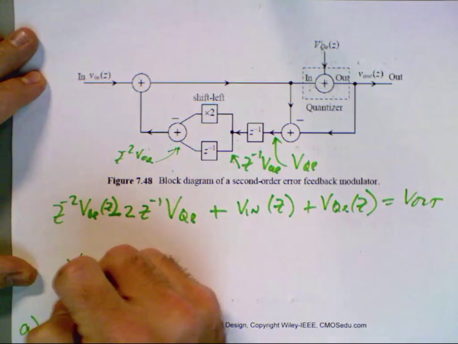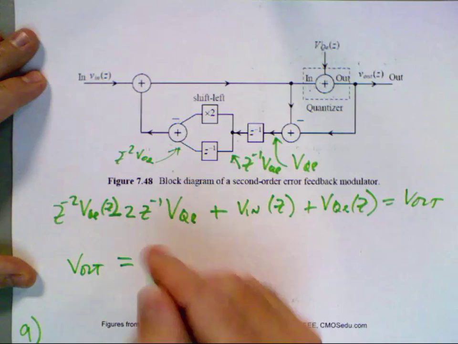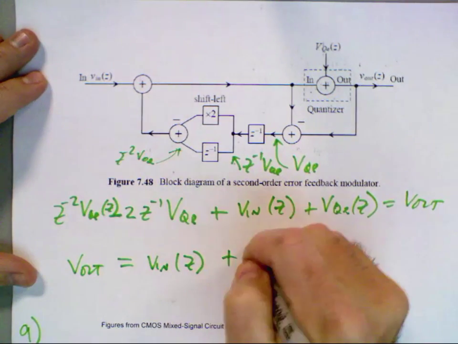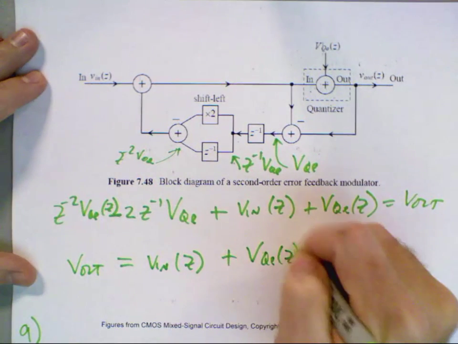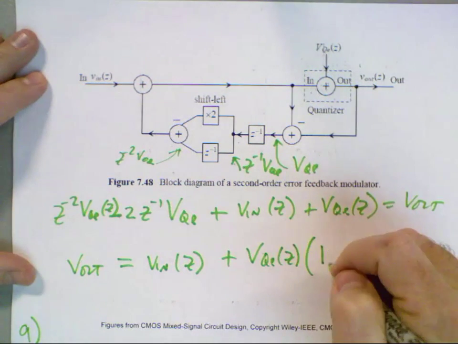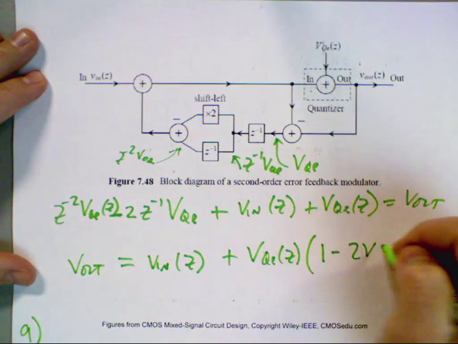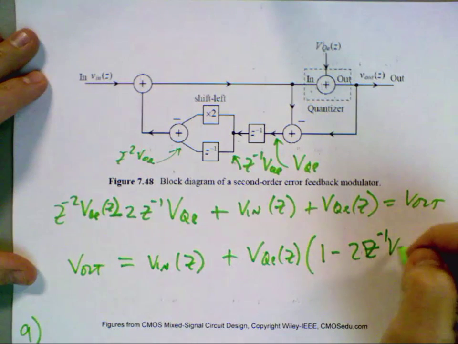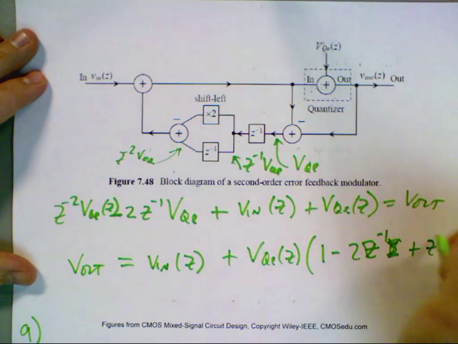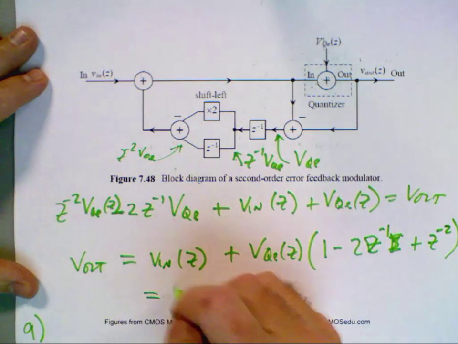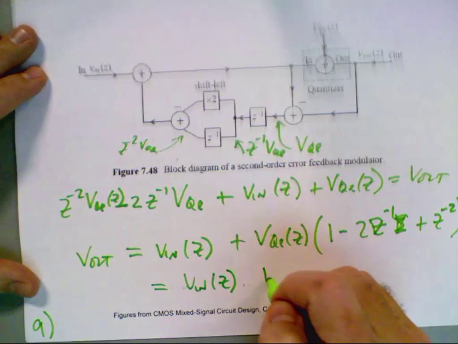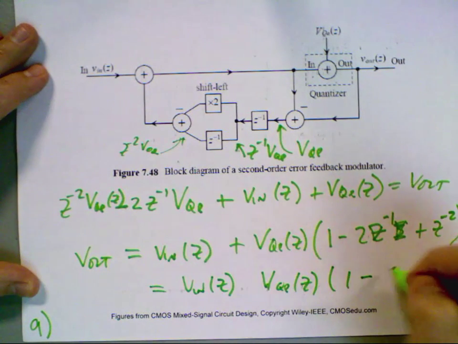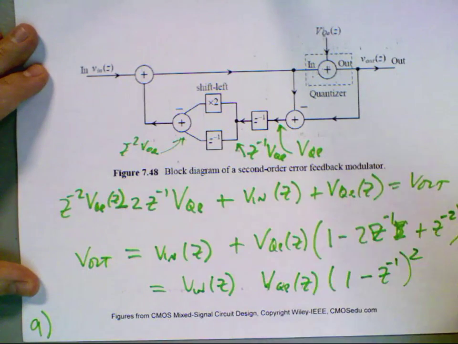And so then I can write V out is equal to Vin of z plus, and I'm going to write it verbose just for this first, VQE of z times 1 minus 2 z to the minus 1 plus z to the minus 2, and that's equal to Vin of z plus VQE of z times 1 minus z to the minus 1 squared.